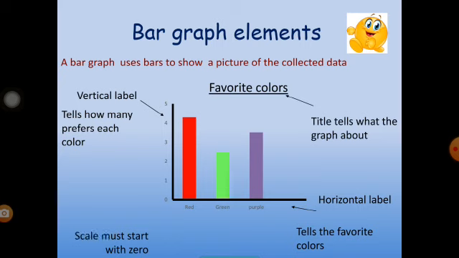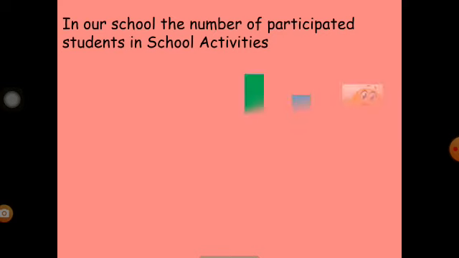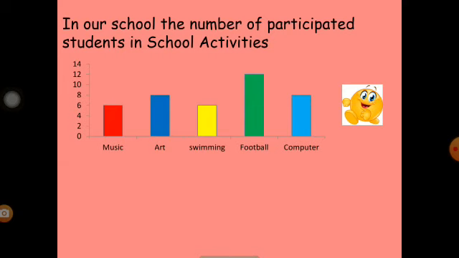So, who can tell me where I'm going to start reading from? We are going to start from 0. We must start from 0. So let me take an example. In our school, the number of students participating in school activities: I have music, art, swimming, football, and computer.